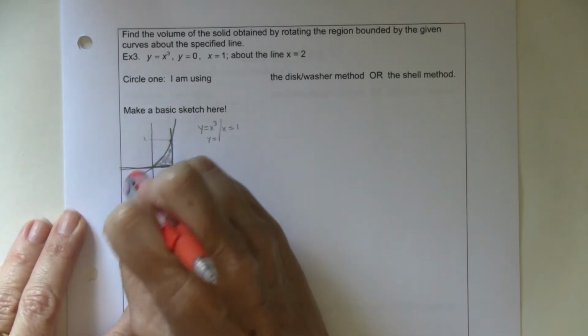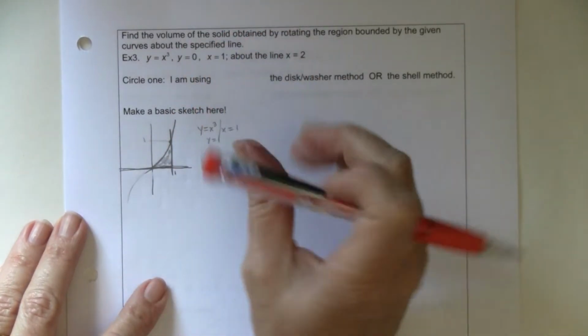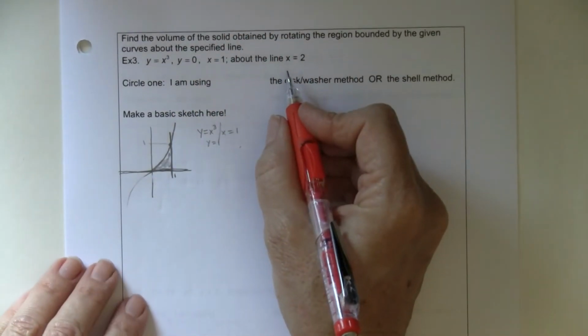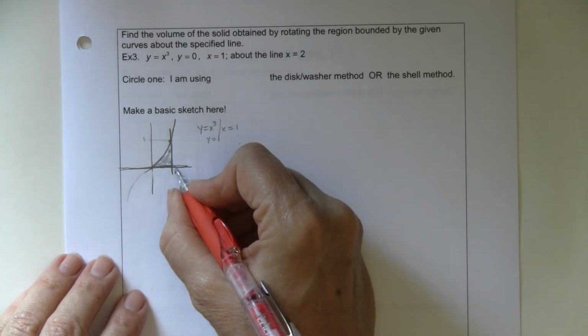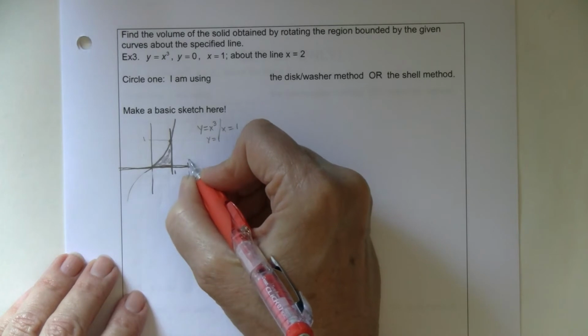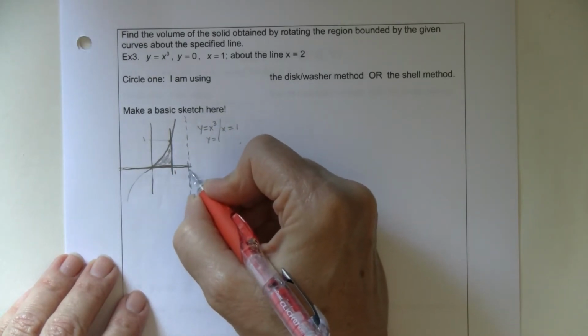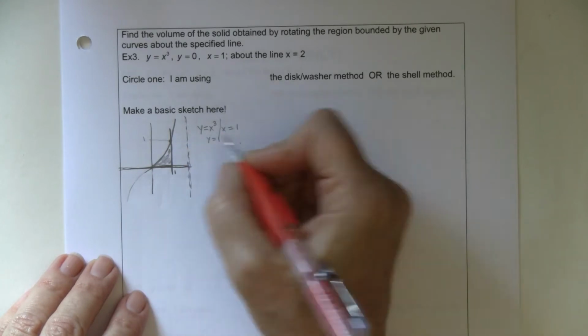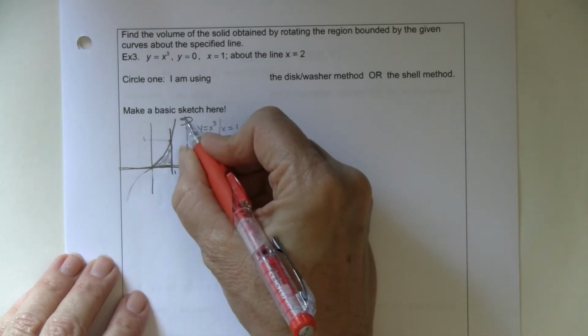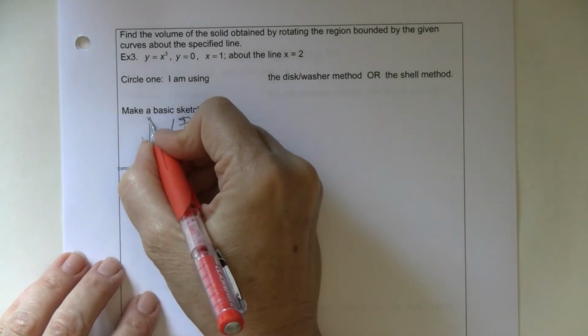And so this is not going to be part of my solid, so I'm going to erase it off of here. And it said about the line x equals 2. So here's x equals 1, here's x equals 2. So that's parallel to the y-axis.